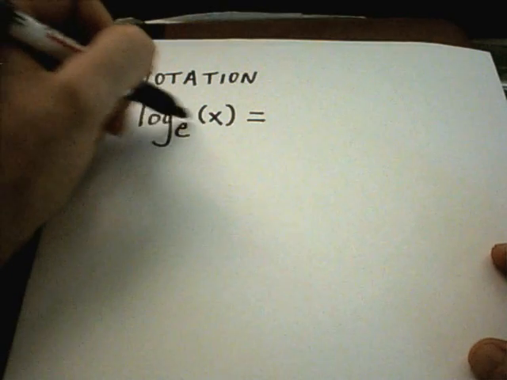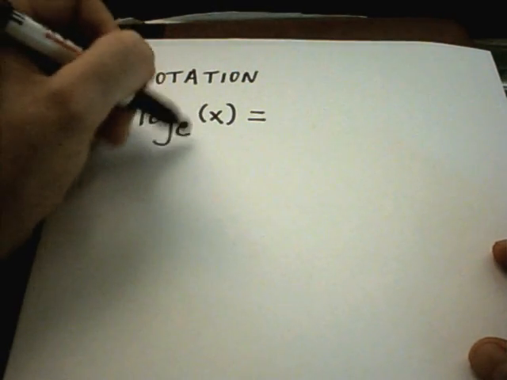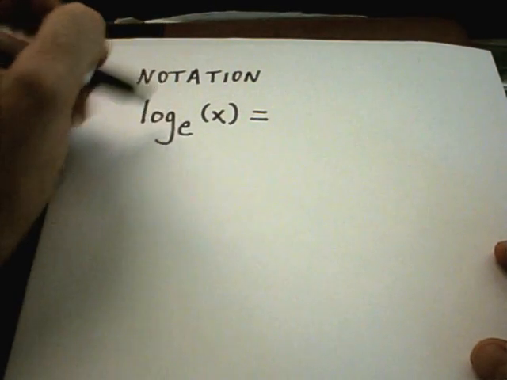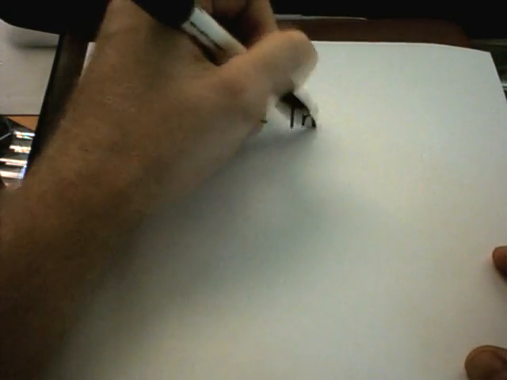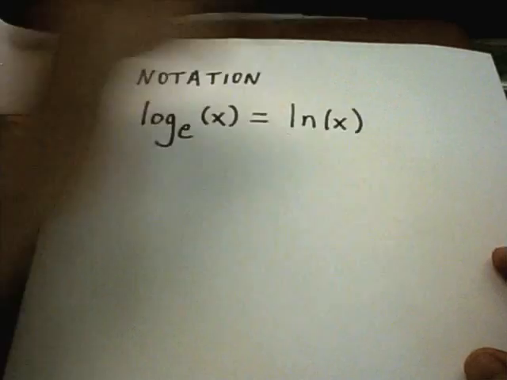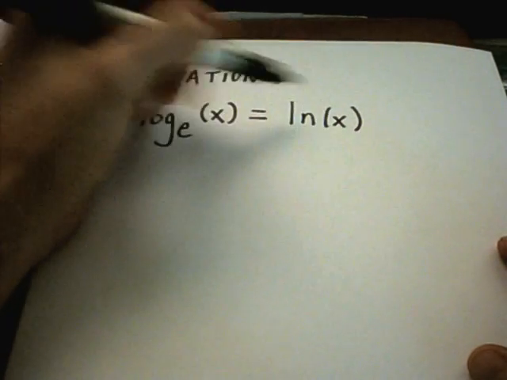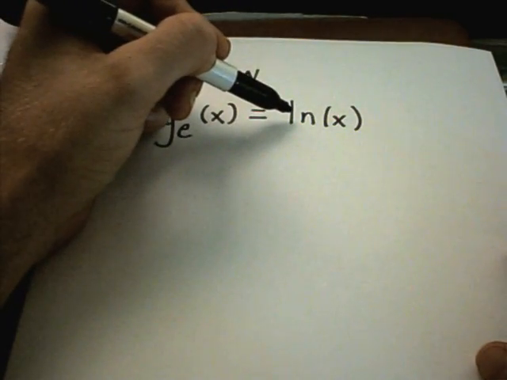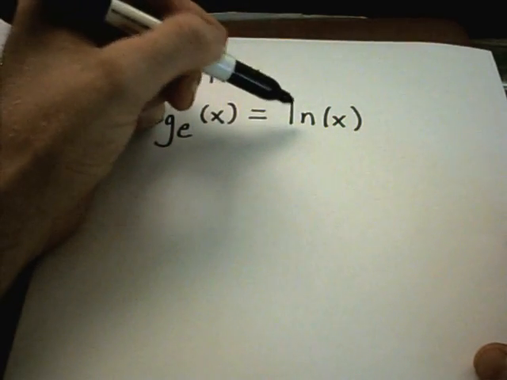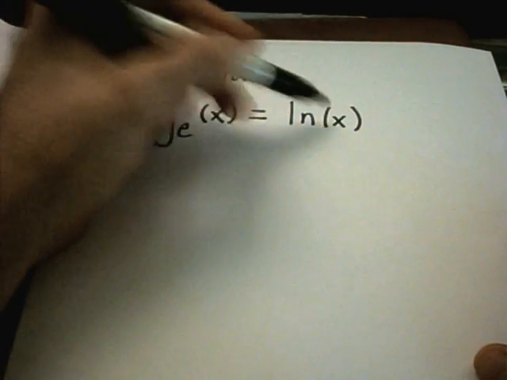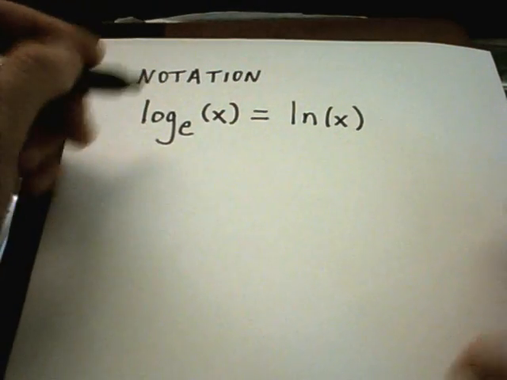It turns out that e is kind of a very special base for one reason or another. So what they do is rewrite log base e as ln of x, or the natural logarithm. Sometimes people pronounce this ln x, natural logarithm of x, ln of x. So all of those mean the same thing.